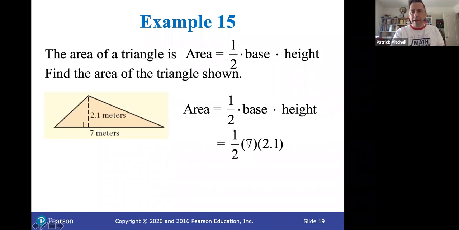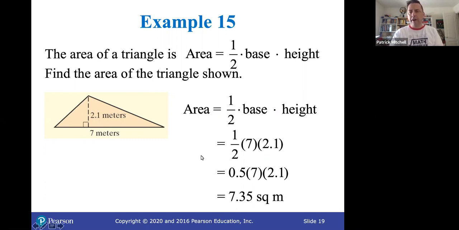Substitute 7 for the base, substitute 2 1/10 for the height. And now we'll change 1/2 into a decimal. And now multiply all these decimals together. And that comes out to 7 35 hundredths. And remember that the units are square meters. Square meter is a unit of area.